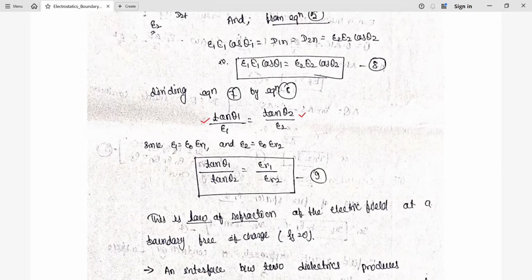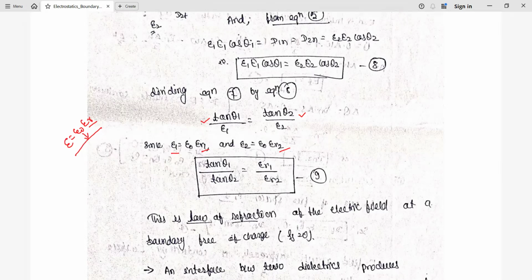Epsilon is equal to epsilon naught into epsilon r, so epsilon 1 equals epsilon naught into epsilon r1. Epsilon naught is the permittivity of free space, and epsilon r is the relative permittivity of the dielectric medium, epsilon r1 here and epsilon r2 there. Finally we can write tan theta 1 by tan theta 2 equal to epsilon r1 by epsilon r2.